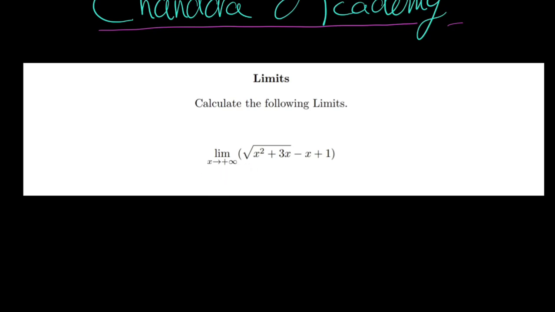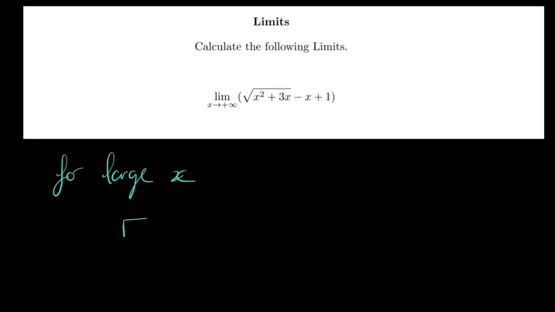Because we are going to plus infinity, let's say, to get rid of all the problems where this thing would be negative, let's say for a large x. So near plus infinity, a very big x, where we do not have any problem anymore. We have the square root of x squared plus 3x minus x plus 1.